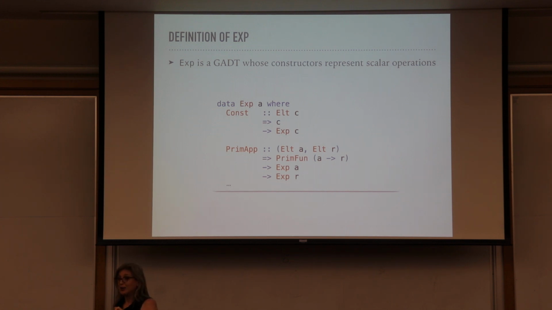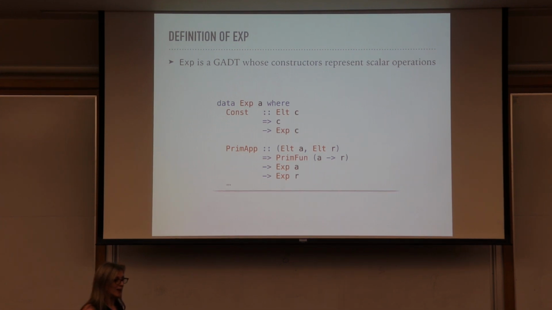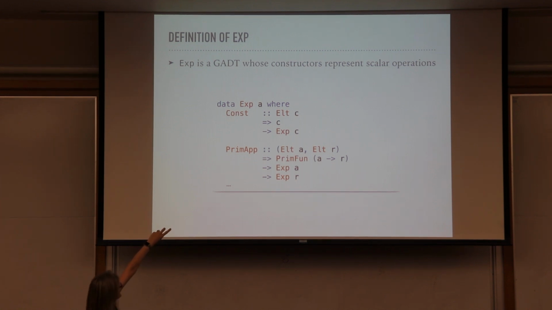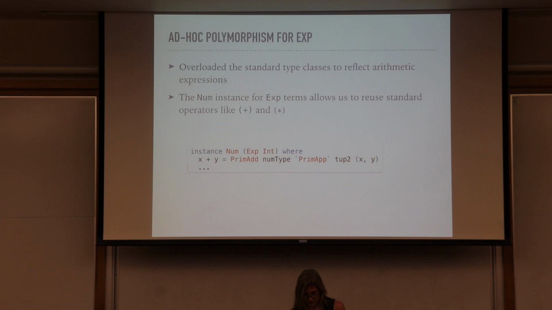If you remember what a type class constraint actually is, it is an additional parameter. So this means that Const here doesn't really get just one parameter, it gets a dictionary and a value. And then PrimApp is the application of primitive functions, scalar functions, and so on.